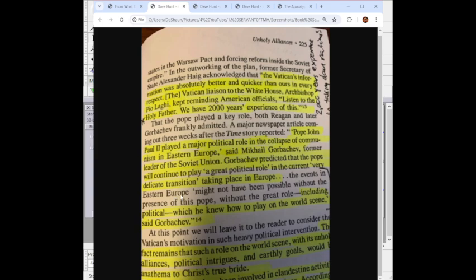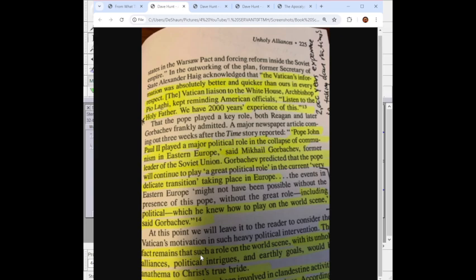The events in Eastern Europe might not have been possible without the presence of this Pope, without the great role, including political, which he knew how to play on the world scene, said this person here. At this point, we will leave it to the reader to consider the Vatican's motivation in such heavy political intervention.